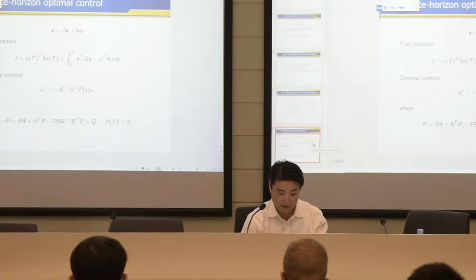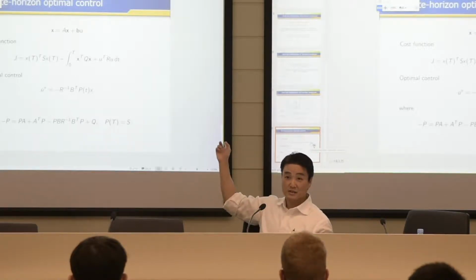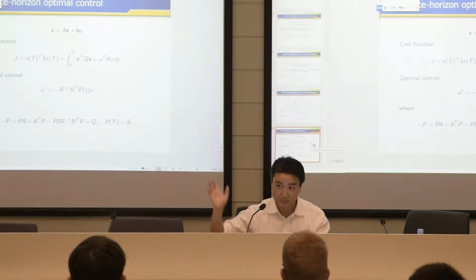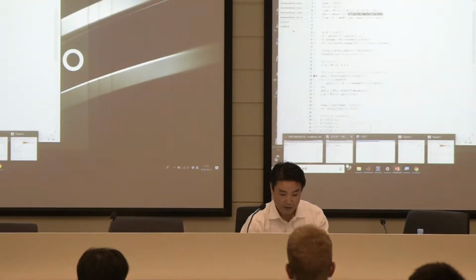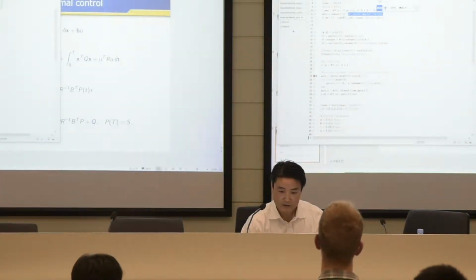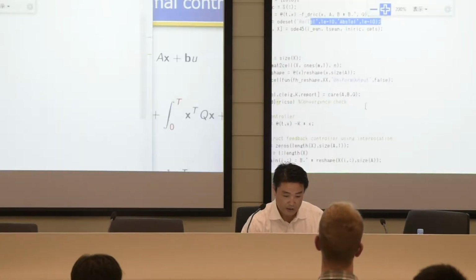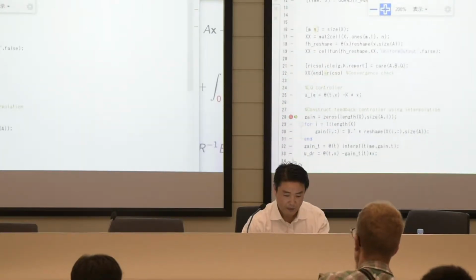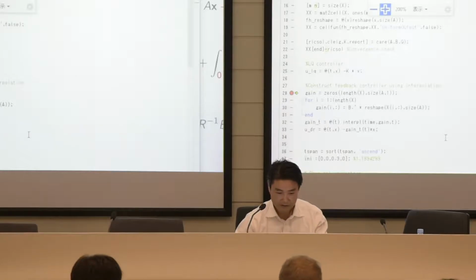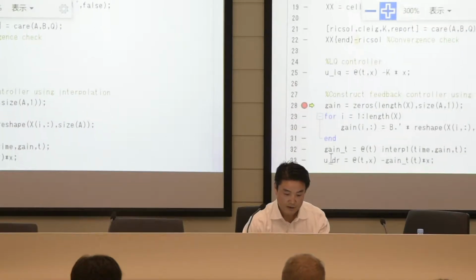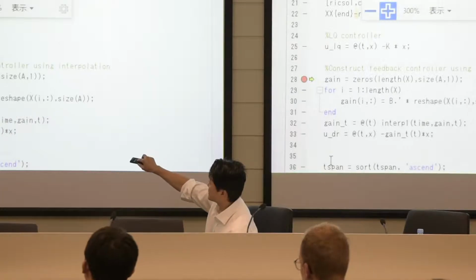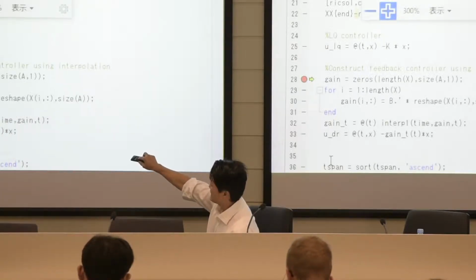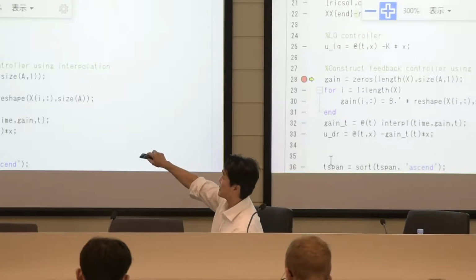So this was actually what Leontine was looking for, so I'm going to explain here for her. In this part I made an interpolation function so that this gain under bar t is a function of t, continuous time.